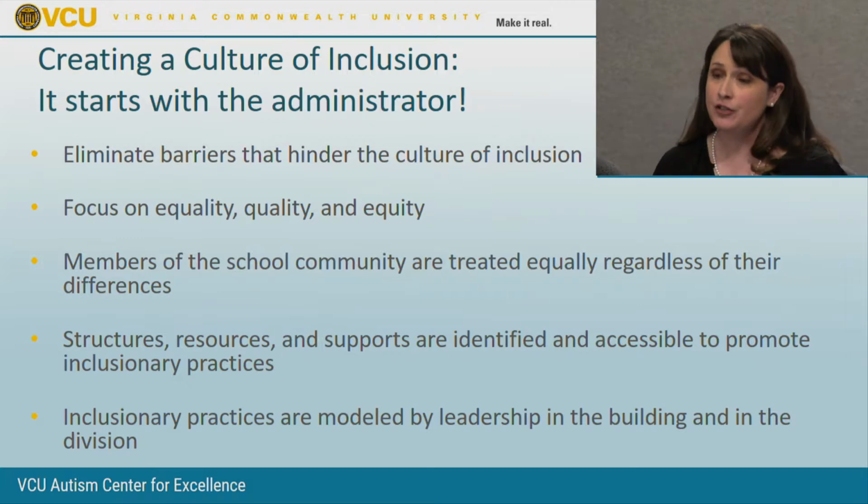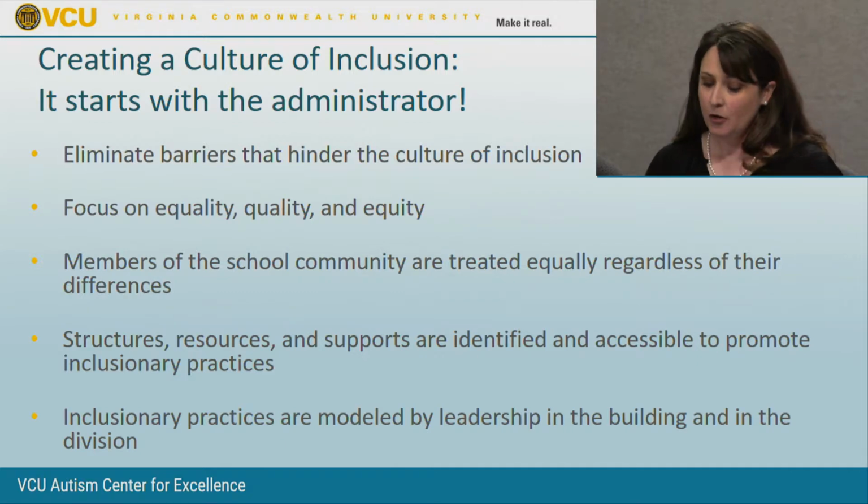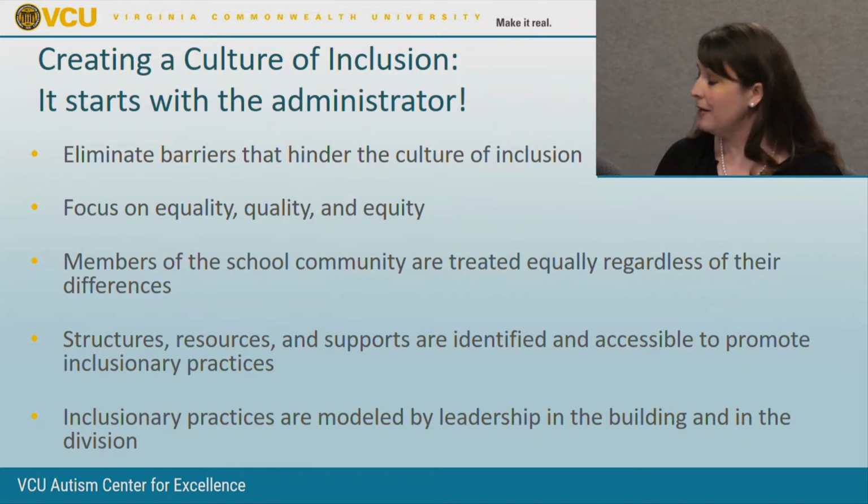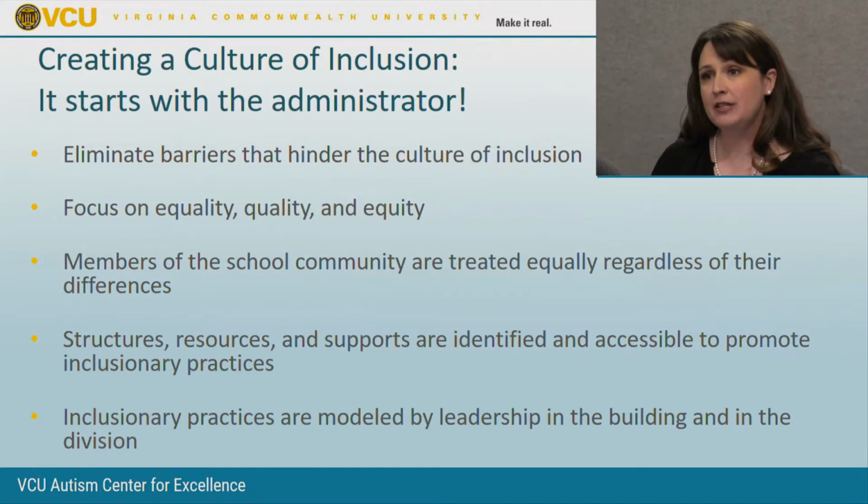The placement for students with disabilities is driven by the goals and objectives that are agreed upon in their IEP. We also want to make sure that we look at potential barriers of biases. And we want to make sure that our students really are supported by teachers who believe that all students can learn and staff members that believe all students have the right to be in that setting.